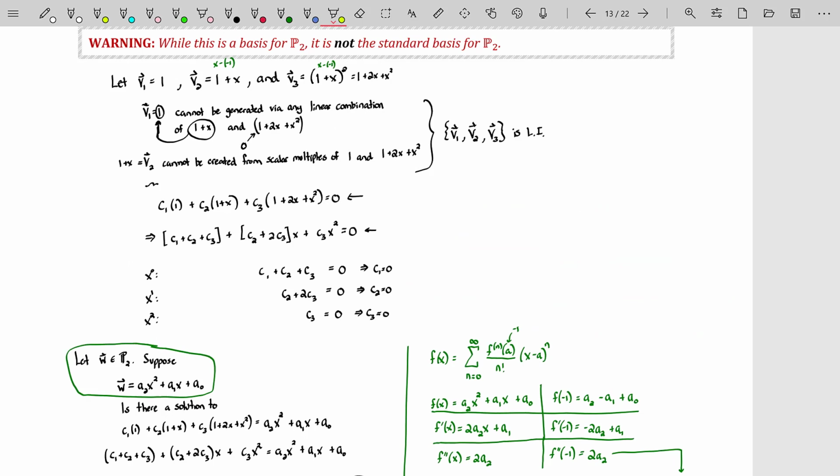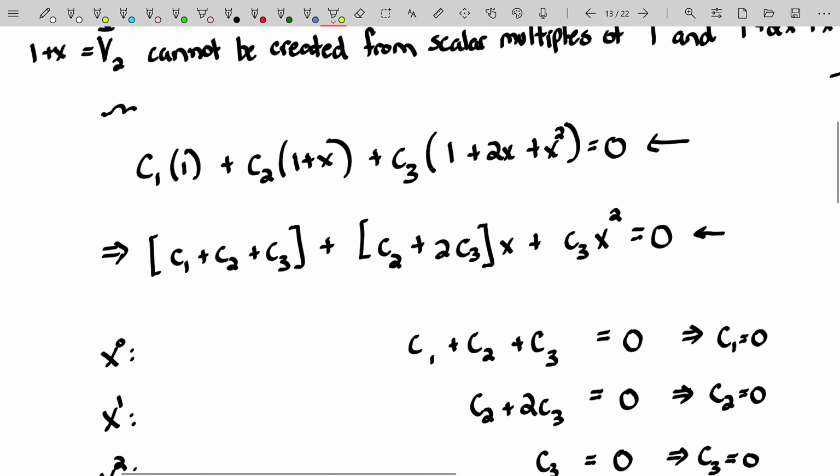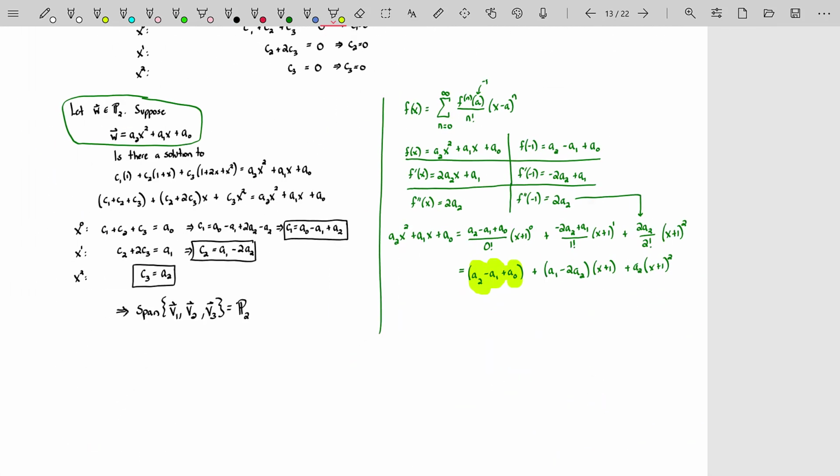Well, that's interesting. How about the coefficient c sub 2, which is a coefficient of 1 plus x? Could we find that? Is there a coefficient c sub 2 that'll work? Well, what we found over here was that coefficient was going to be a1 minus 2a sub 2. Guess what it is here? a1 minus 2a sub 2.